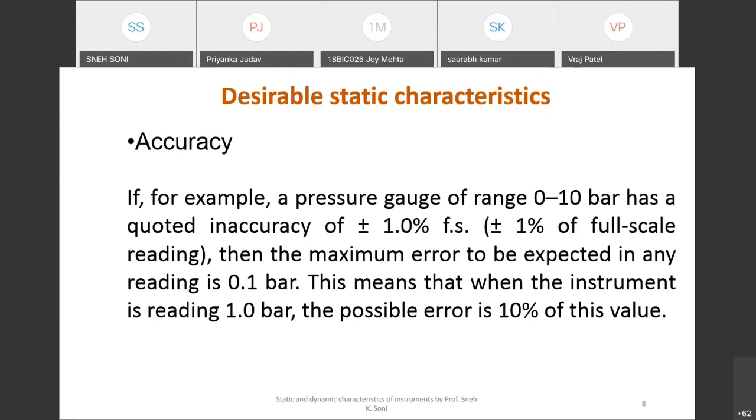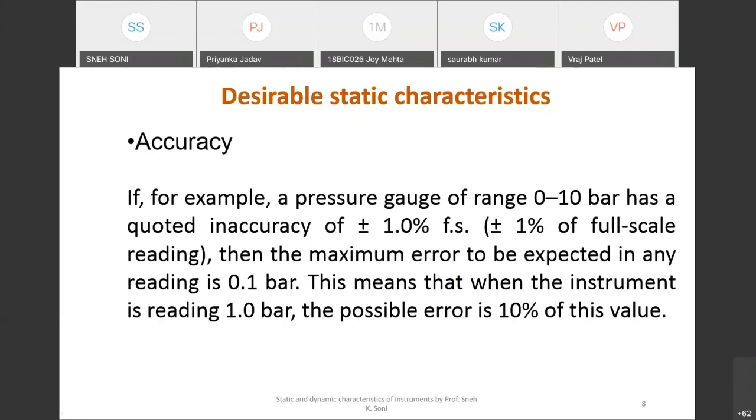So that's why I'm saying that my reading will have some kind of maximum inaccuracy. We can say inaccuracy is 0.1 bar. This means that when the instrument reading is 1 bar, for example, I'm measuring pressure and my pressure reading is 1 bar, the meaning is that this pressure may be 0.9 bar or this pressure may be 1.1 bar.